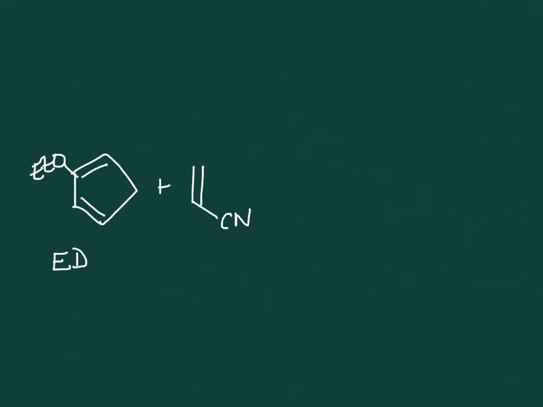All right, now let's look at an example and evaluate which will be the major product. So I have my diene, and it has an electron donating group. I have my dienophile, which has an electron withdrawing group. So let's look at the 4 possible products that we can get from this reaction.